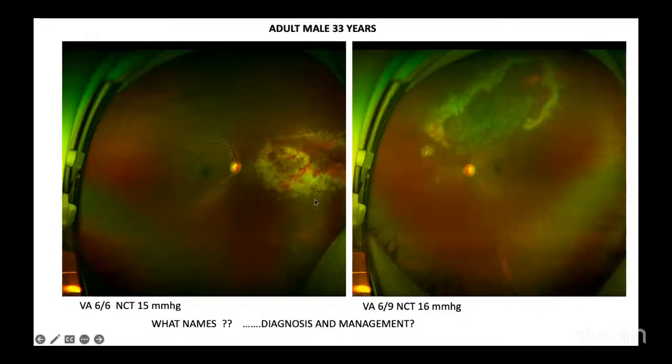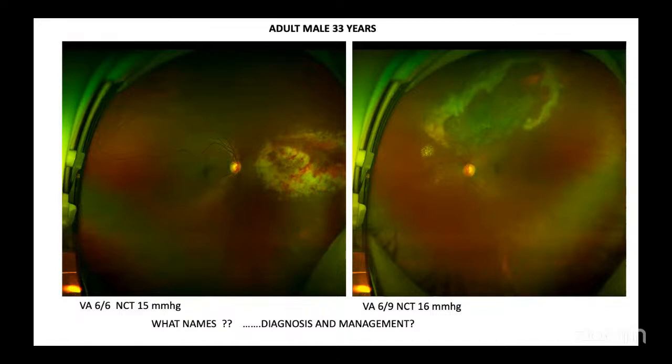This is an intraretinal pathology involving the lower layers of the retina. What causes retinal whitening? Ischemia and scarring. What kind of inflammation causes retinal whitening?